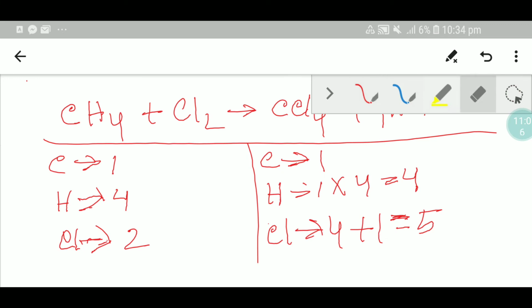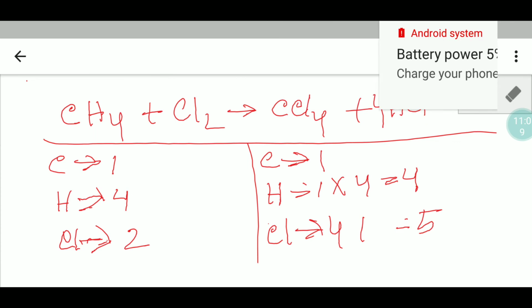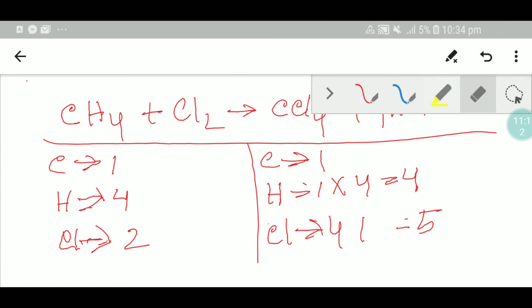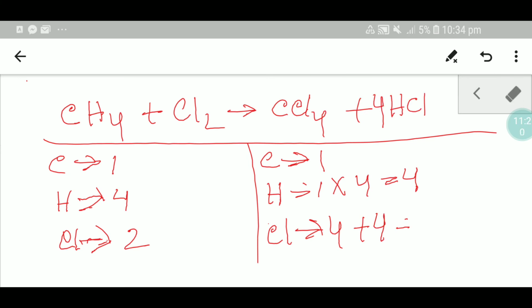So 4 plus 4, I am getting 8 chlorine, right? Let me write that, 8 chlorine.